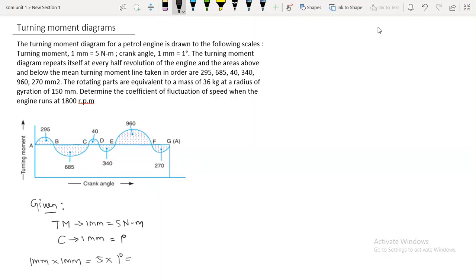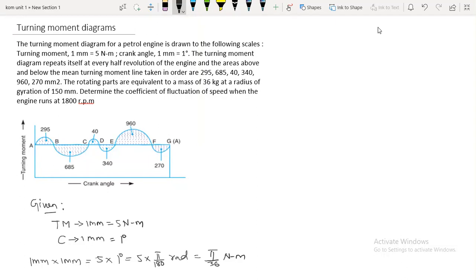So this is 5 into, and this 1 degree we have to convert into radians, that is pi by 180 radians. When I multiply this, I get 5 by 36 Newton meter.